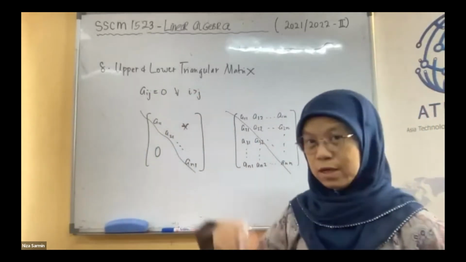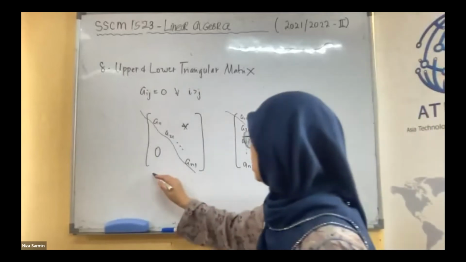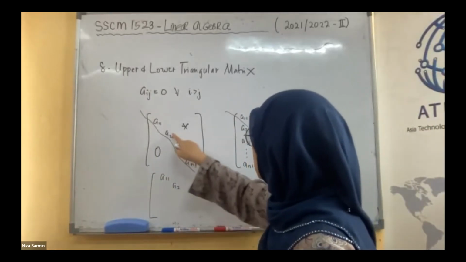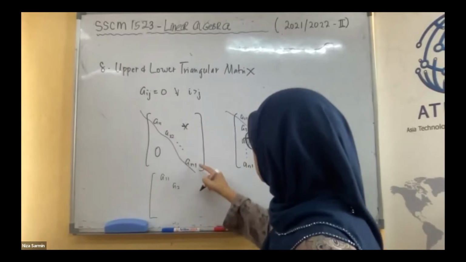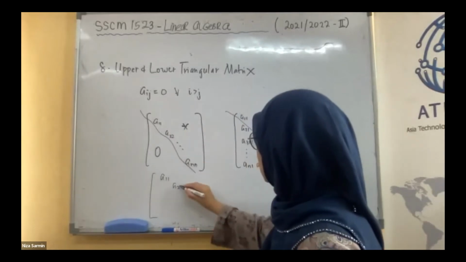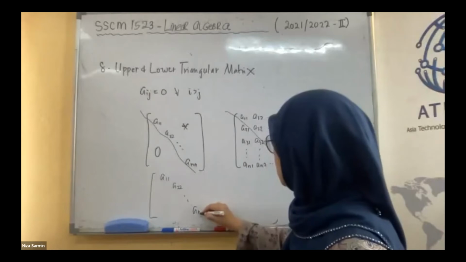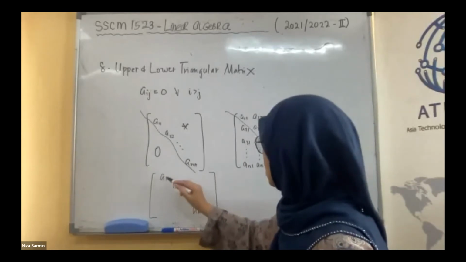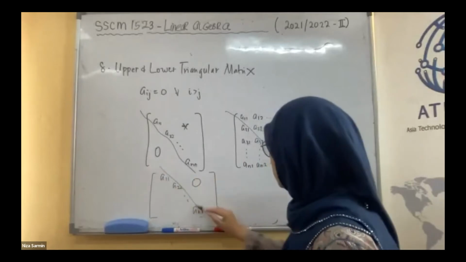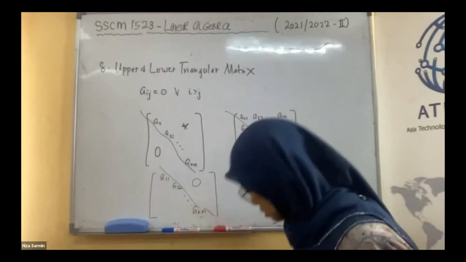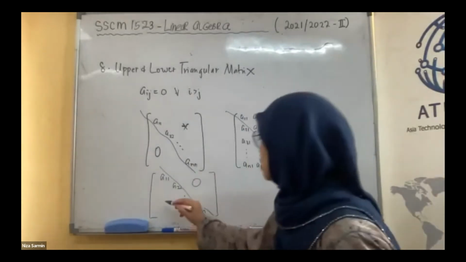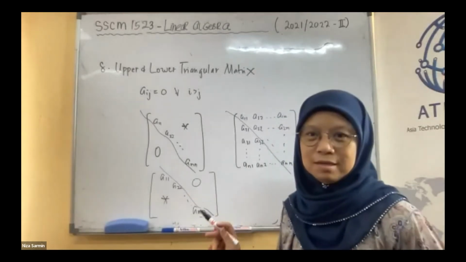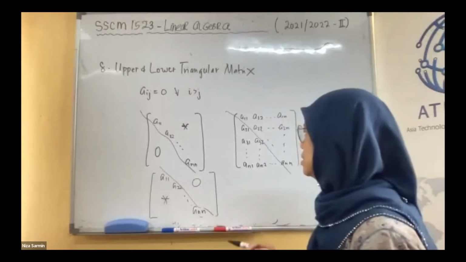And the lower triangular matrix is the other way around. We have this, and we want this 0, right? And the rest doesn't matter. The star means doesn't matter. It can be 0, it can be numbers.